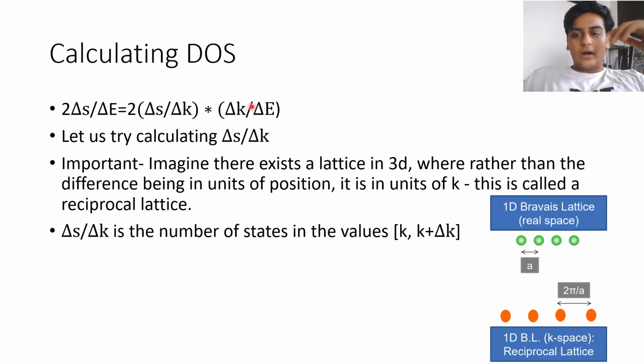I'll bring it up in one of the upcoming slides. But since we already know a relationship between E and K, we can easily calculate this quantity. So then if we are able to calculate delta S by delta K, our problem is solved, right?